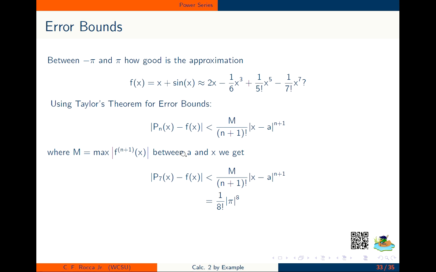Okay, and then this value is the absolute value of x minus a. A is 0 because we were centered at 0. And the largest x can be is pi or negative pi. And either way, the absolute value is going to be the same. So that's why that pi is there. So M is 1 because the maximum value for sine is 1.